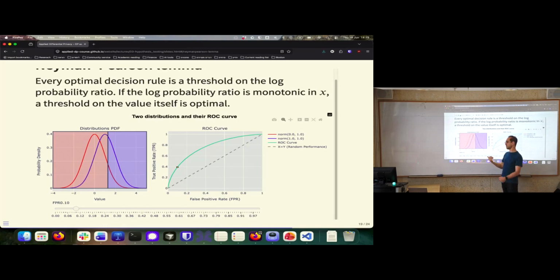False positive in this case will be, for example, that the adversary guesses that you were in the data set, when in fact you were not. So an adversary that can guarantee that they would not guess incorrectly that you were in the data set with probability greater than 0.01, what is the probability that it will guess correctly that you were in the data set when it is the truth?